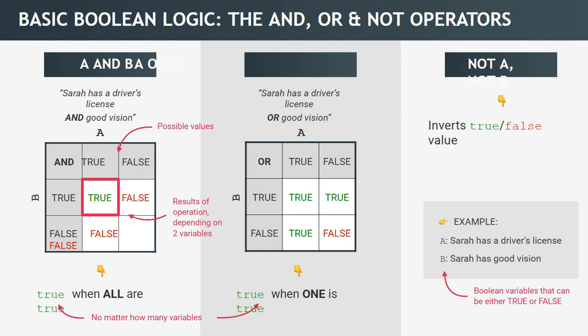When you say and, it means these two conditions must be true. Are we together? If Sarah has a driving license and doesn't have good vision, this condition will return false.